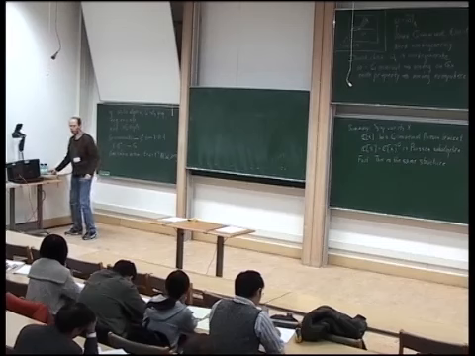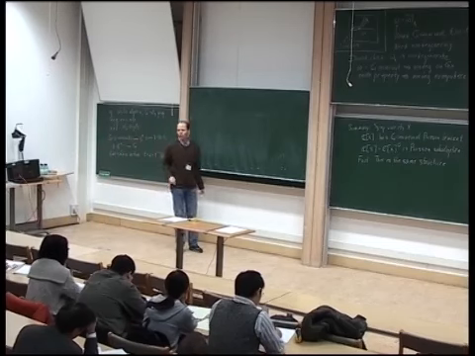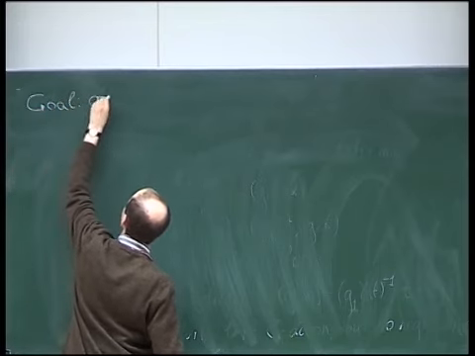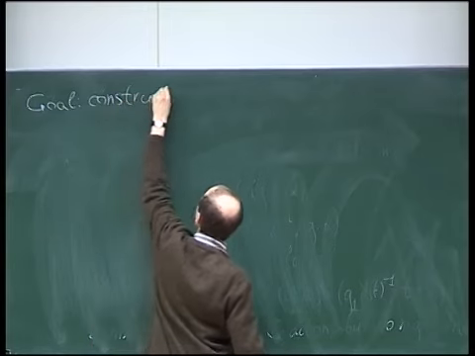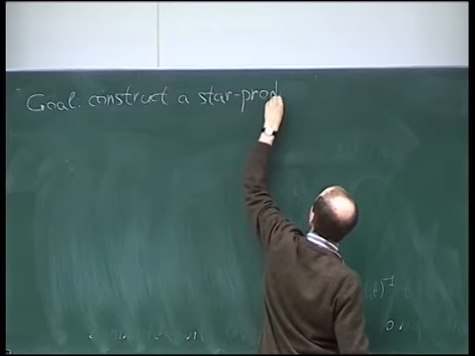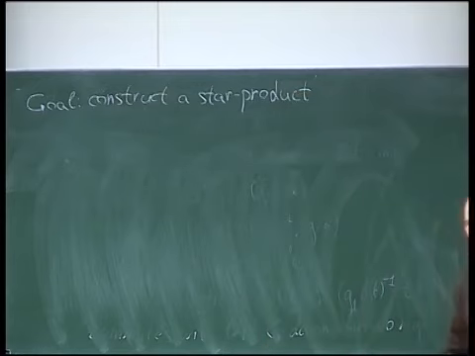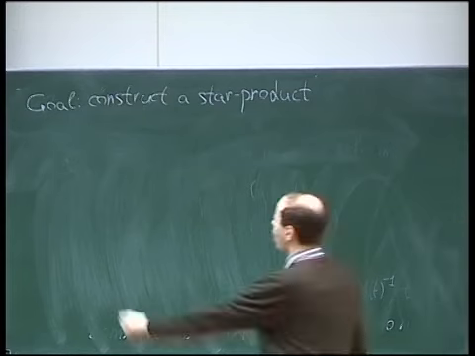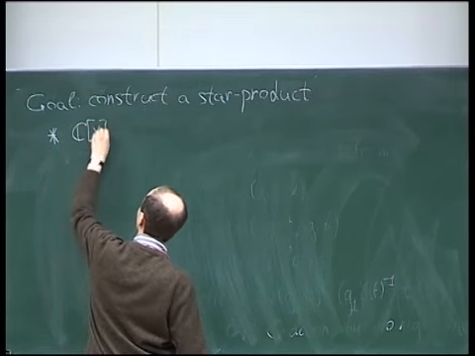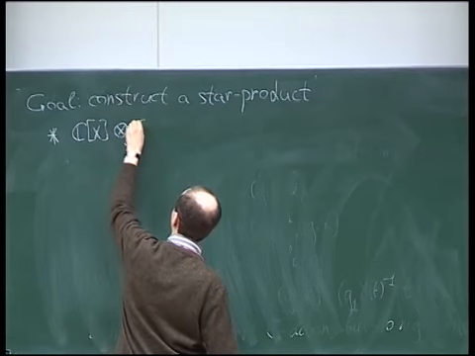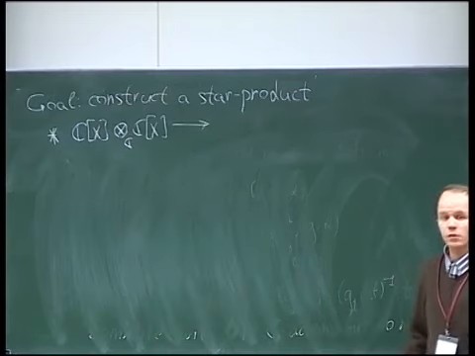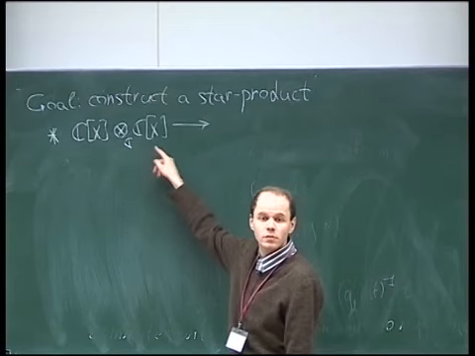So what we are going to do is construct what is called a star product. A star product will be a map from the tensor product over C of the algebra of regular functions to formal power series with coefficients in this space.